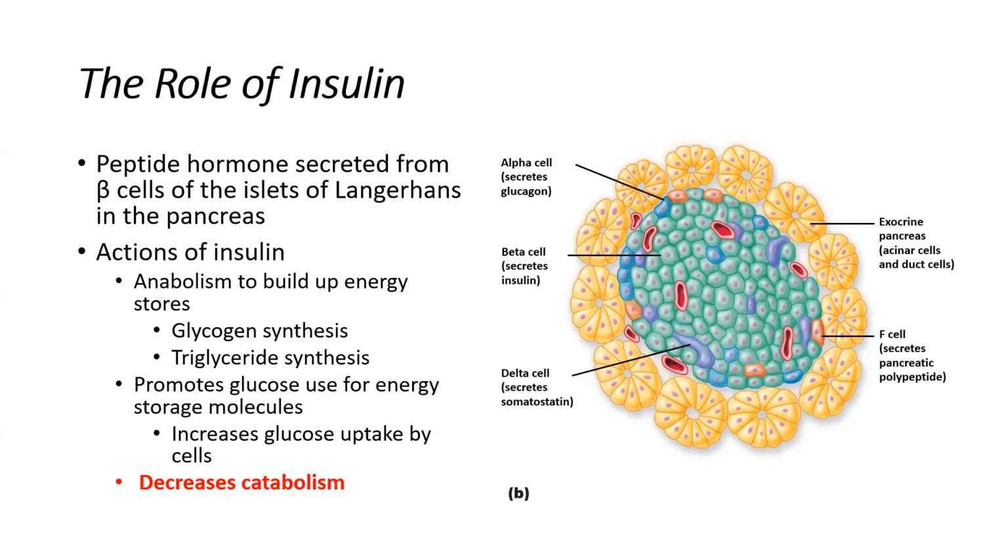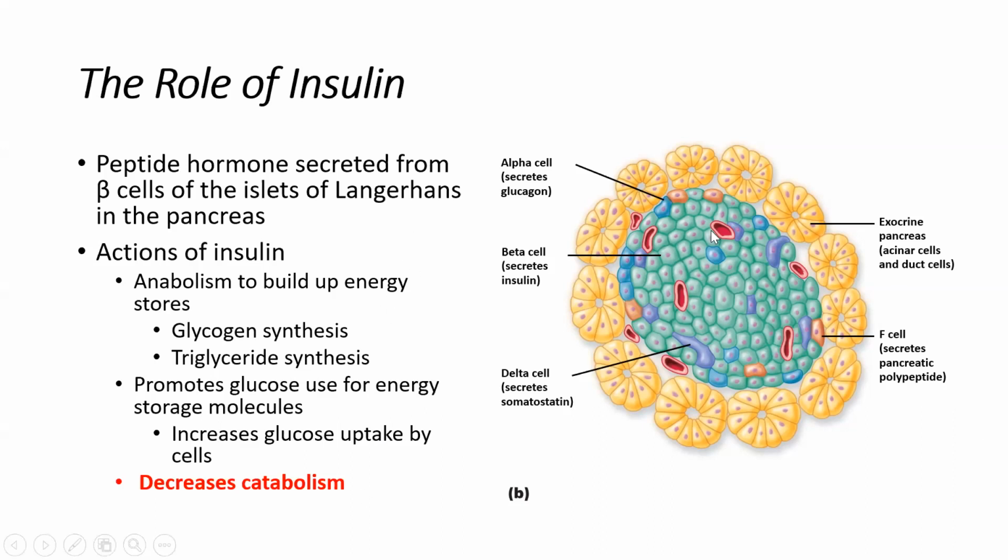It's going to promote glucose use for energy, whatever we need at that time, and then increase glucose uptake for usage or for storage. And then it's also going to decrease catabolism, which is the breakdown of these energy storage reservoirs, because obviously when we're in the absorptive state, we're not catabolizing, we're not breaking down, we're basically using what we need and storing the rest.